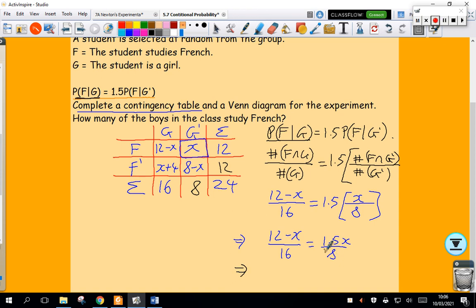To take the cross product, I'm going to take 8 and multiply it by 12 minus x, and that's equal to 16 times 1.5x. So that's the cross products property. It says that two single fractions are equal if and only if their cross products are equal. AD is equal to BC, where B and D are non-zero because division by 0 is undefined.